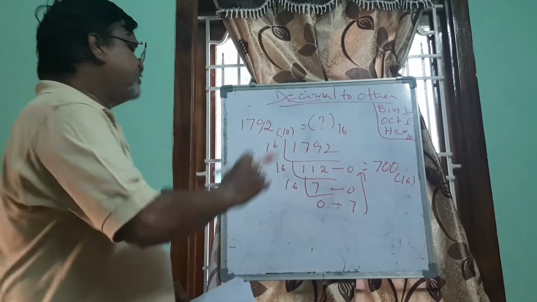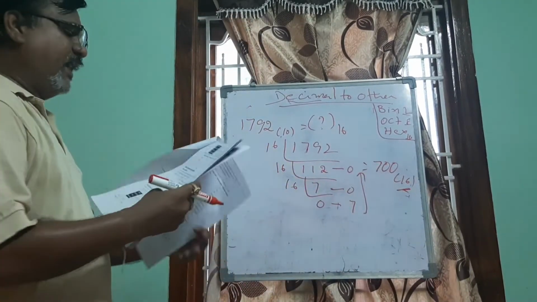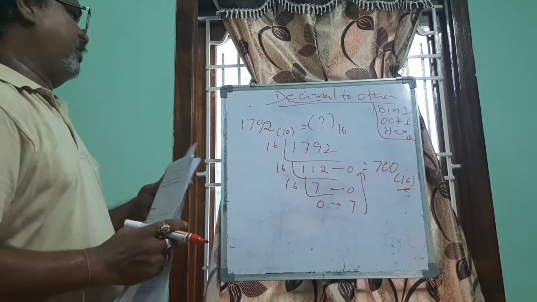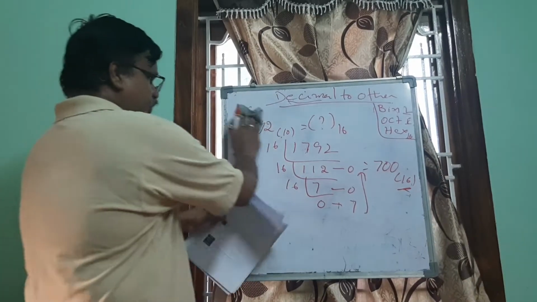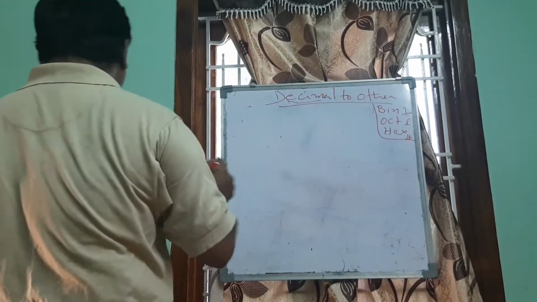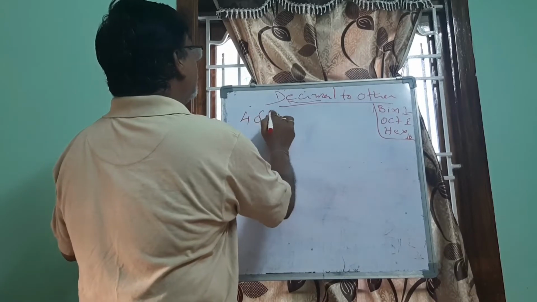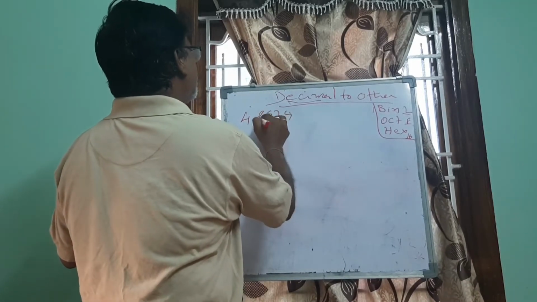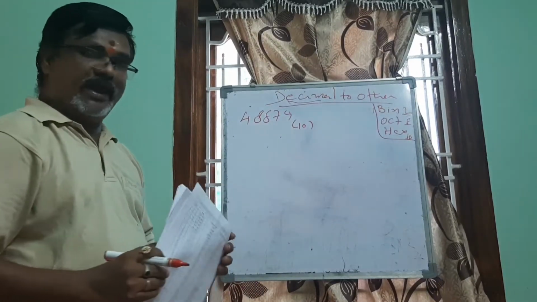Here, just the same by converting into hexa, we will take one more number and you will find why I have taken that example. You take here one more decimal number, which you are going to convert into hexadecimal, that is 48,879 base 10.